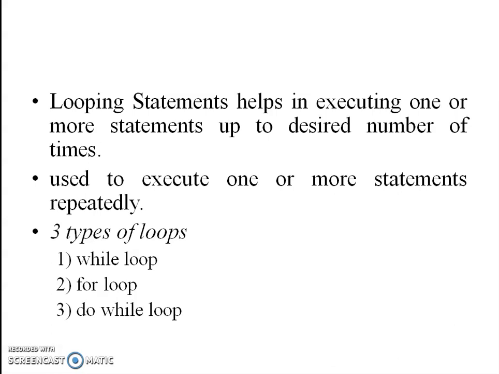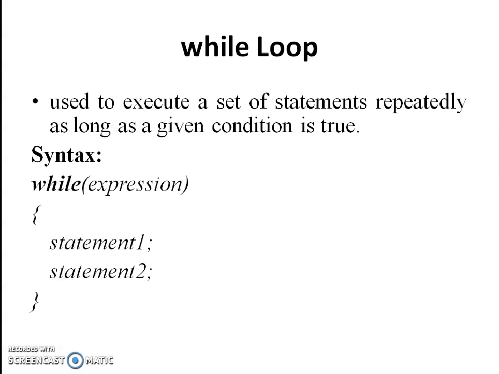So the looping statement is going to help in executing one or more statements up to the desired number of times. The three types of loops which we have are while loop, for loop and do while loop. We will see each type, its syntax and example in detail, starting with the while loop.